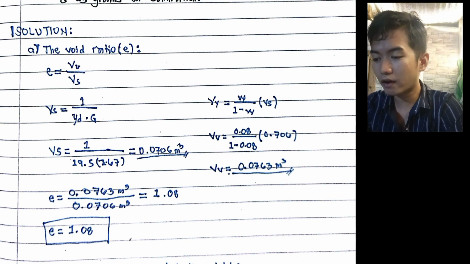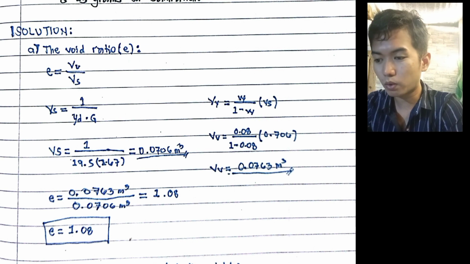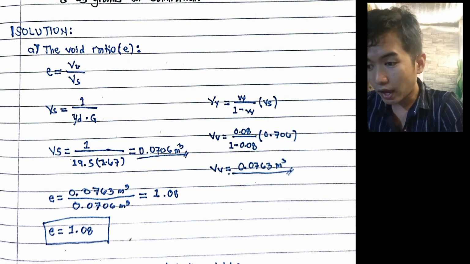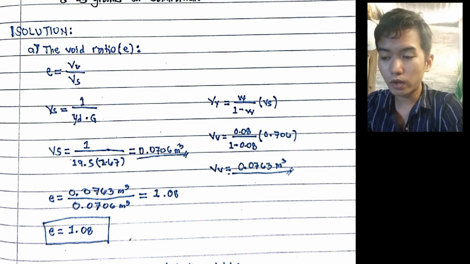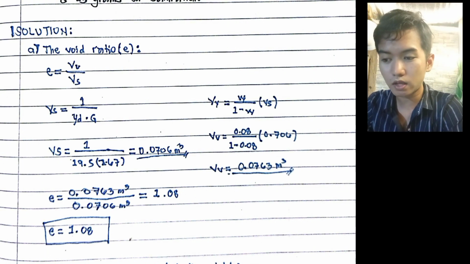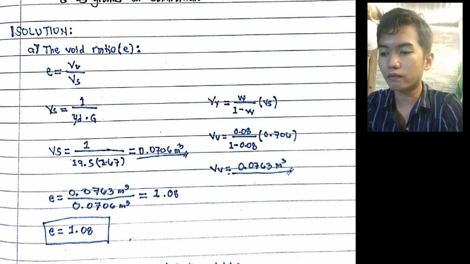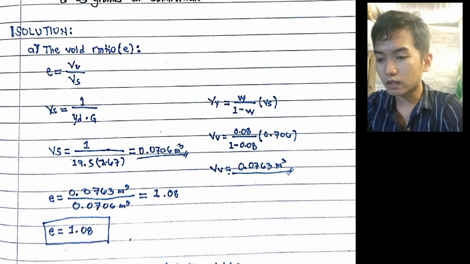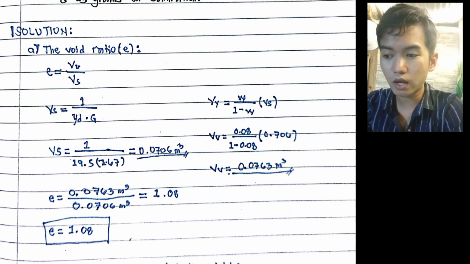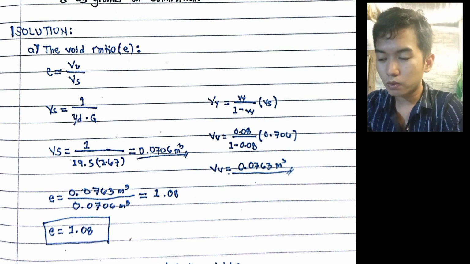We will now substitute the values in the formula. V_s = 1 over 19.5 times 2.67, and we have the value of 0.0706 meter cube for our volume of solids. Next, we need to calculate the volume of voids, V_v. We can use the moisture content w and the volume of solids V_s.